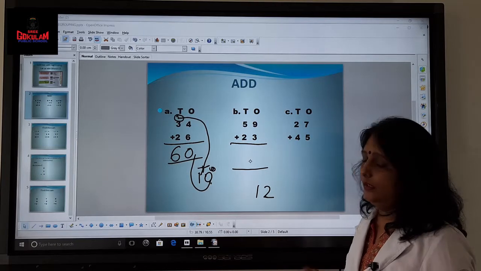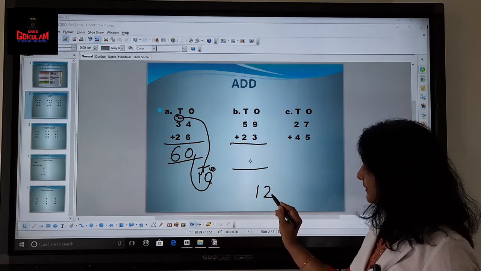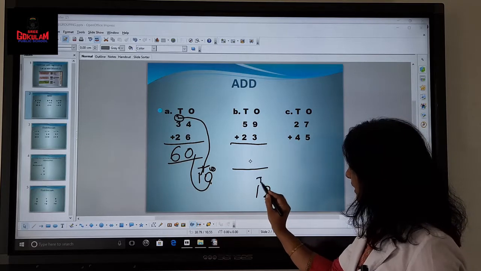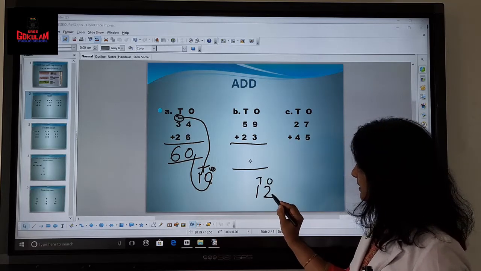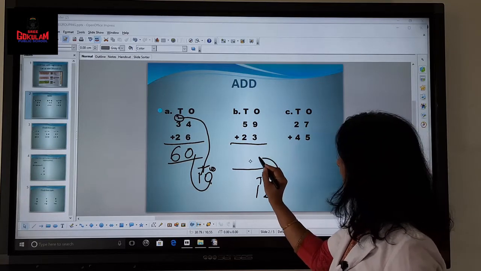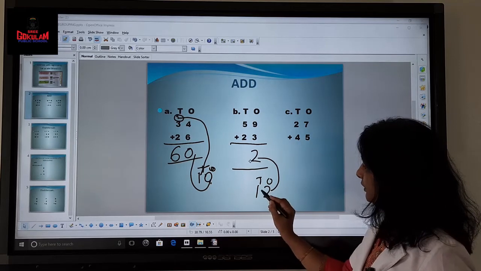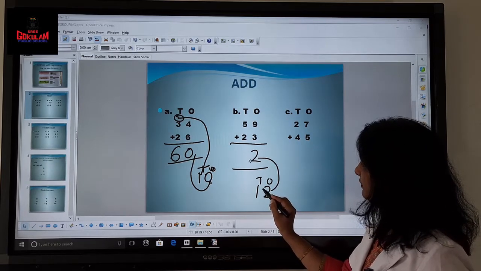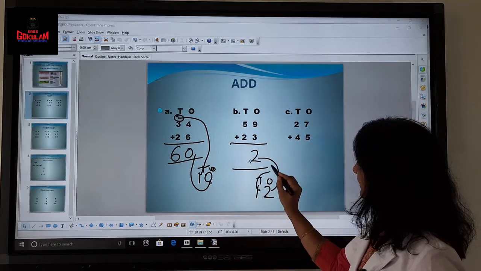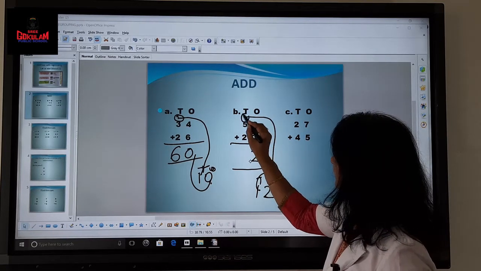In this 12, which number is in the ones place? This is tens and this is ones. Which number is in the ones place? 2. This 2 we will write in the ones place. What about this 1? What do we do with this 1? We will carry this to the tens place.